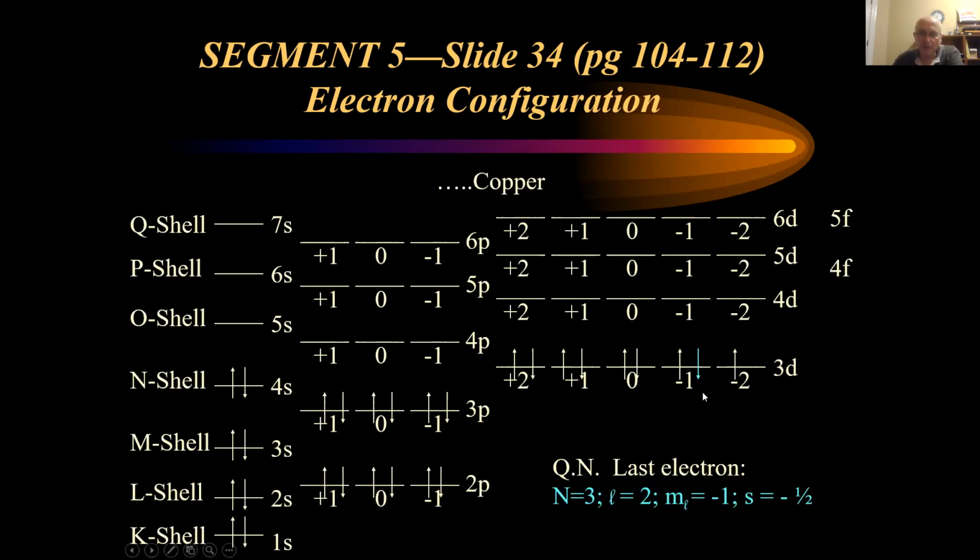And so copper would have this configuration, which is what we expect it to have. It should have one unpaired spin, and indeed it does. But an unpaired spin in a d orbital is a little different amount of electrical charge than an unpaired spin in an s orbital.